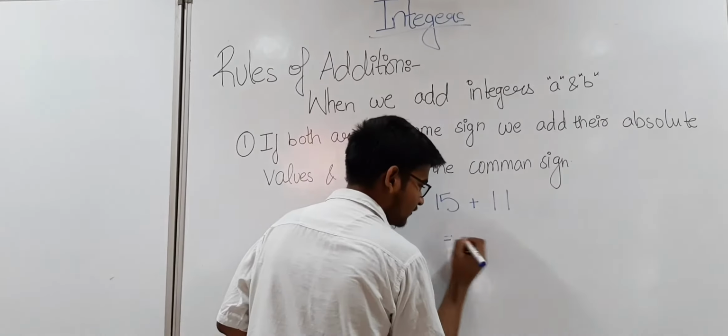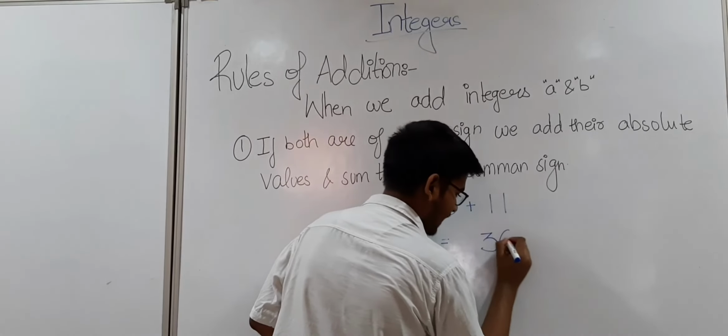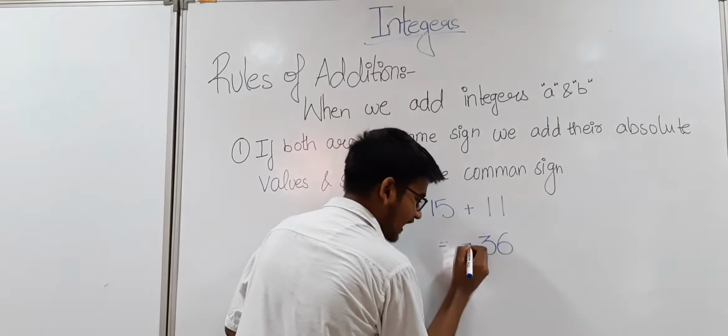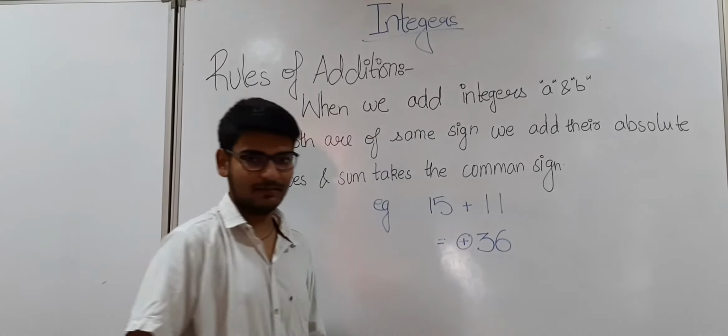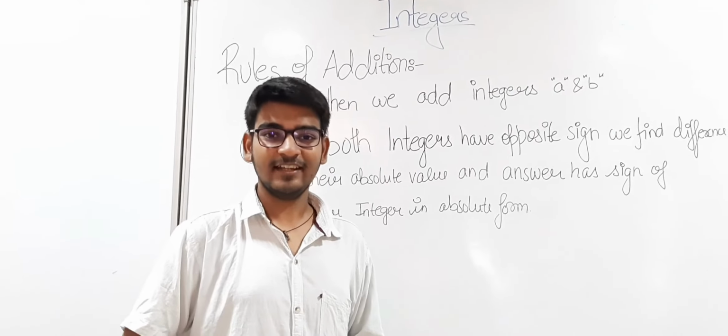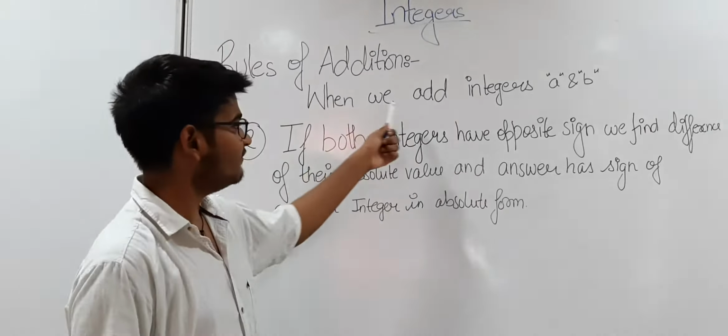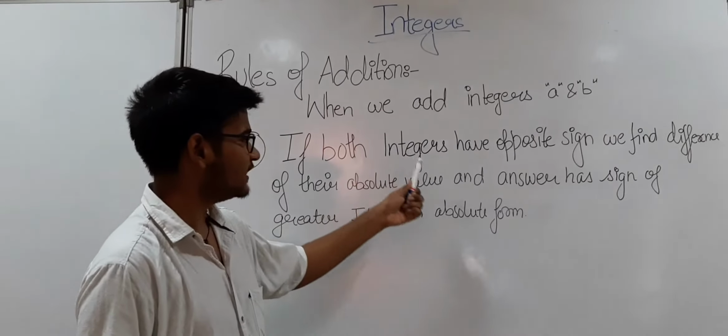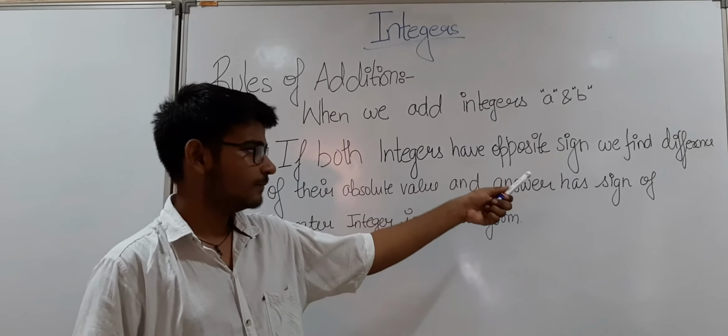So the answer will be 26, and since the common sign here is positive, the answer will be plus 26. So our second rule is, when we add integers a and b, if both integers have opposite signs, we find the difference of their absolute values and the answer has the sign of the greater integer in absolute form.